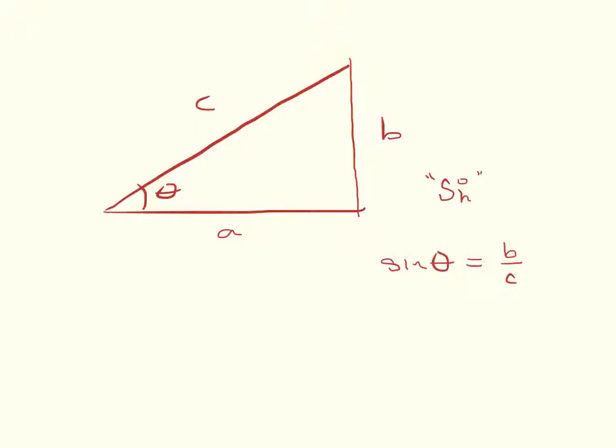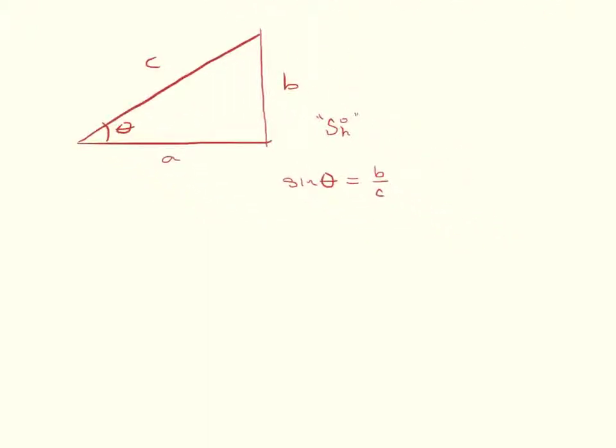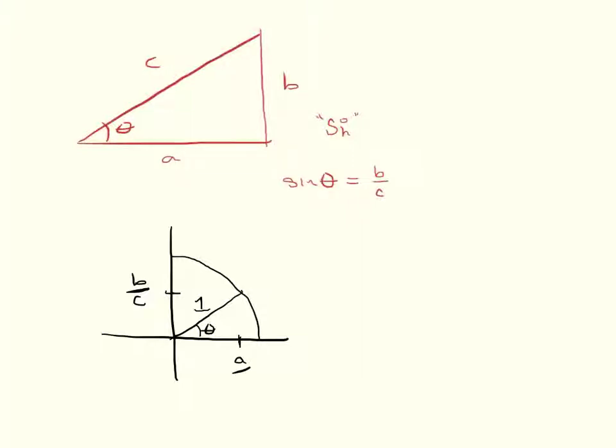So the question is, why is it that this will be the y-coordinate on the unit circle? If I now draw a unit circle and measure exactly the same angle, why is it that the y-coordinate is B over C? And of course the x-coordinate is A over C. Well, this is sort of the same thing.